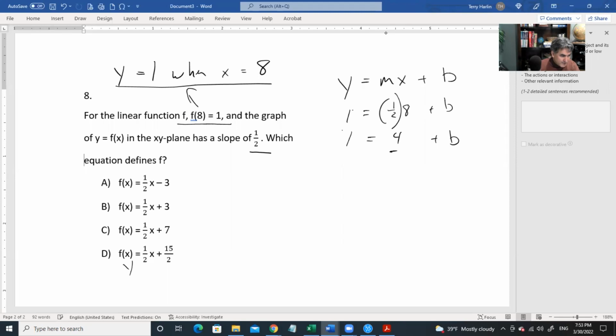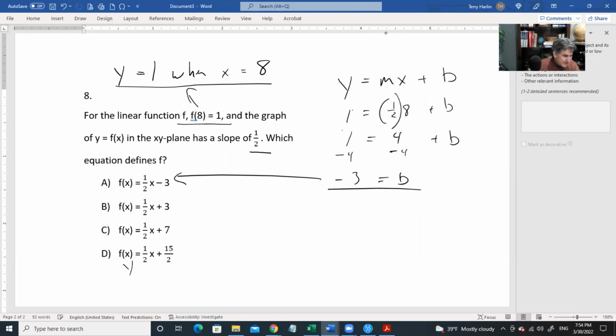If we subtract 4 from both sides, that gives us -3 equals b, and so our answer is going to be A. Quick and simple. Now, another way that you could do this is just plug in numbers until you get the right answer. Here's an important tip. Notice that what changes is the y-intercept, the b.